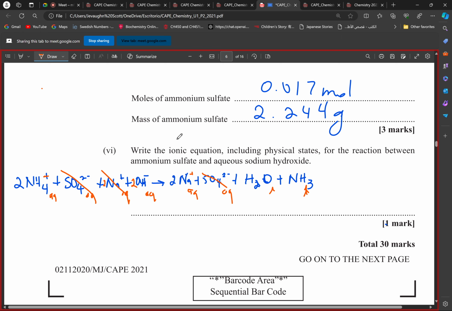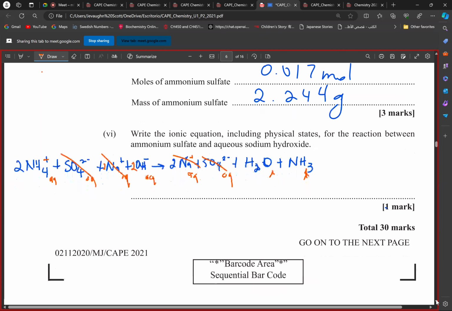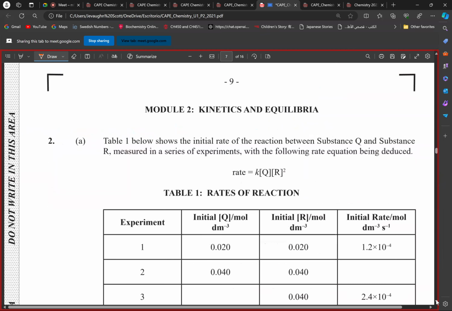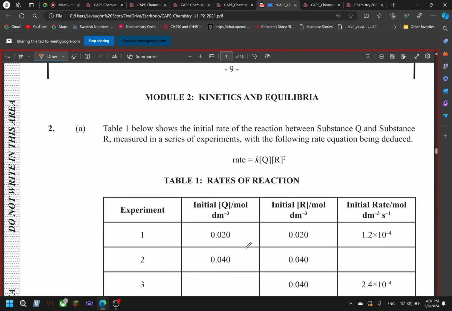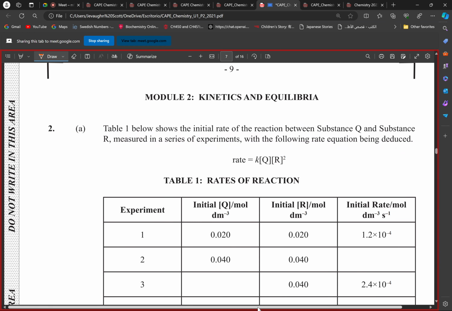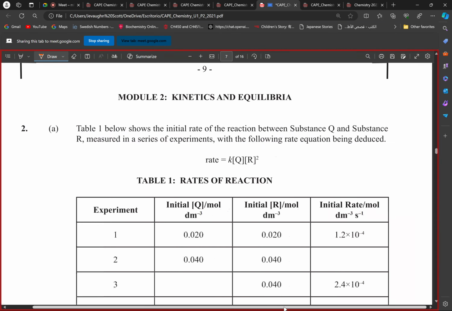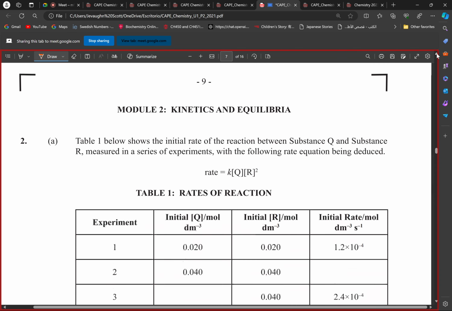So what's the overall reaction here? We can see that ammonium reacts with hydroxide to give us water and ammonia. So that is the equation. A 2 should also be in front of ammonia.